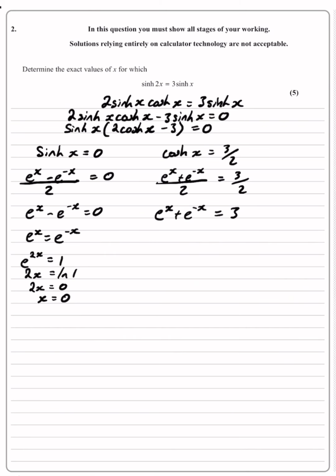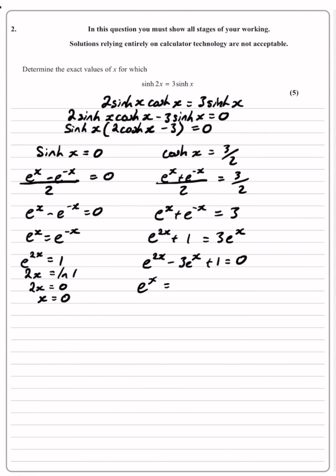And then multiply everything by e to the x to turn it into a quadratic, or disguised quadratic. Bring the 3e to the x over, we get e to the 2x minus 3e to the x plus 1 equals 0. You can use a substitution here if you want to. I'm not going to bother.